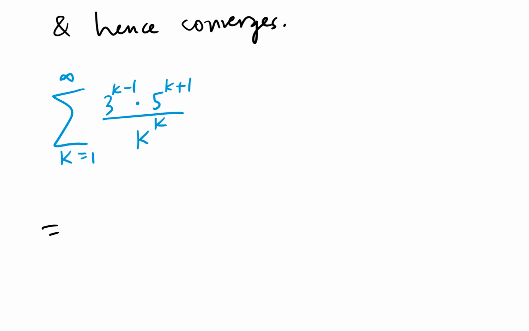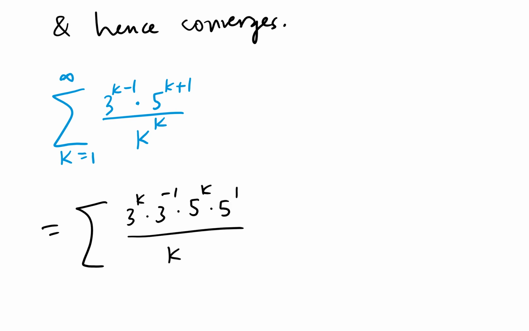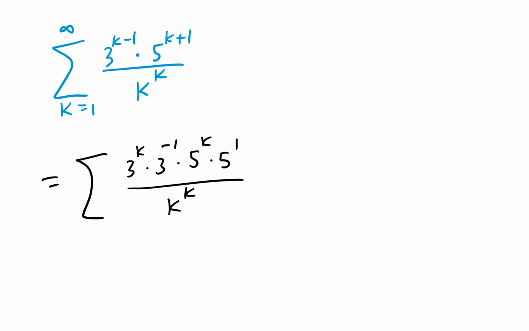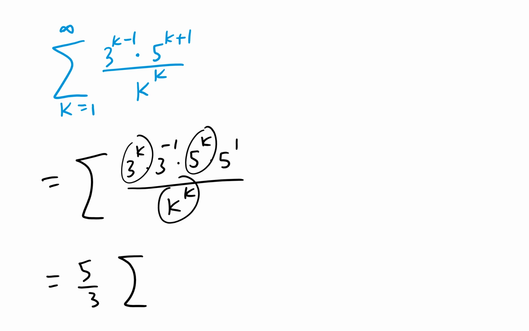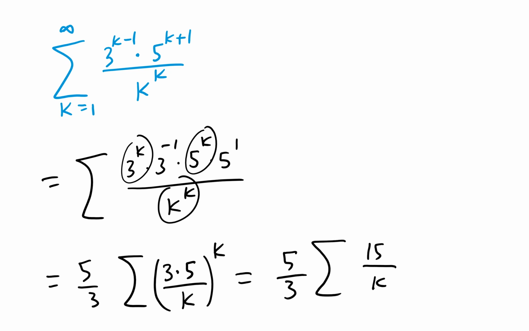So let's do some rewriting. 3 to the k times 3 to the negative 1, 5 to the k times 5 to the 1, over k to the k. Now that 3 to the negative 1, you can pull it outside with the 5, so 5 over 3. All the other terms, they all have a k power, so I could do it this way. That in return is 15 over k to the k power.